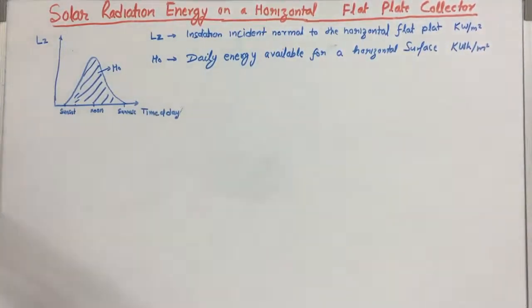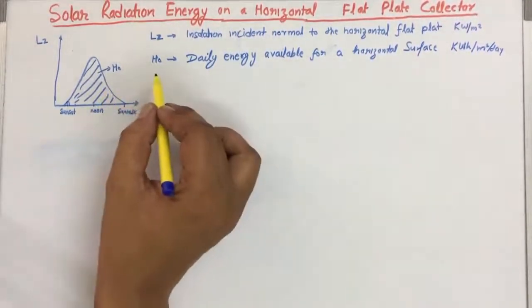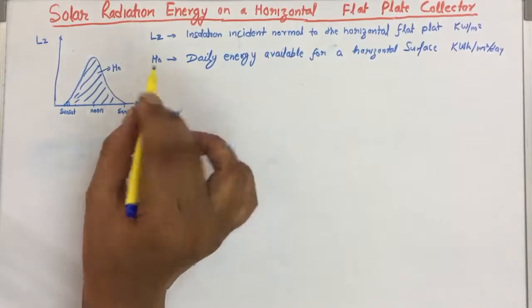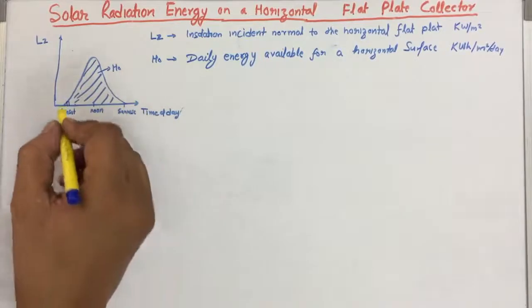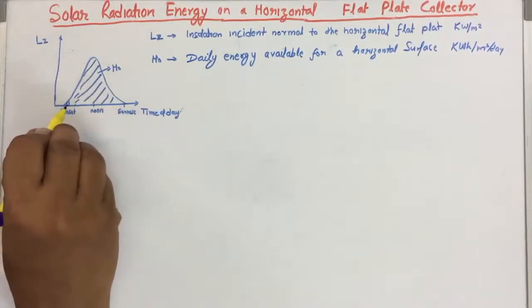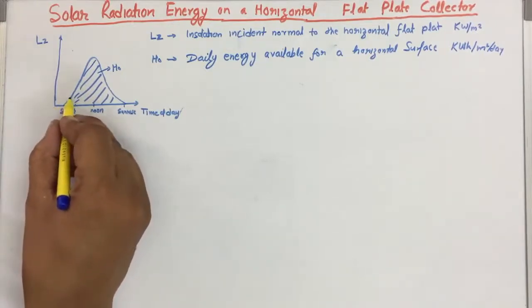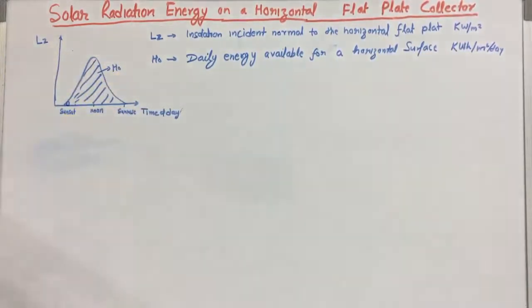Now, to find the total energy of a day, we have to find the area of this region. To find the area we should discretize it, make a small portion: this length times this thickness will give us the area of this small region. If we add up all of them, we get the full area of this region.